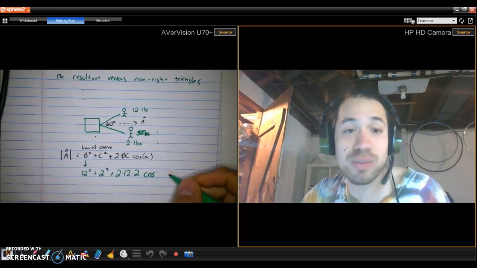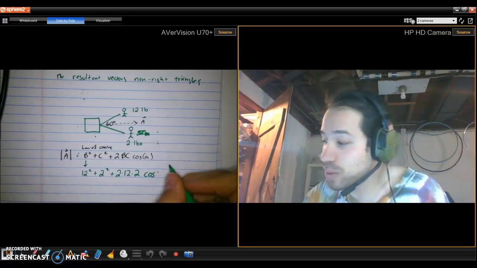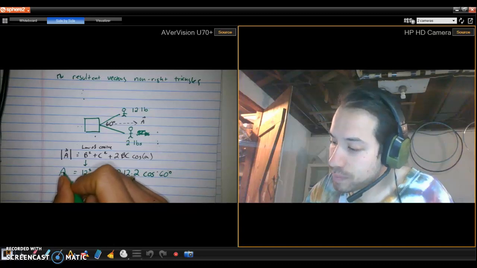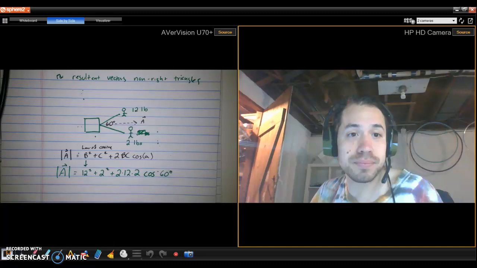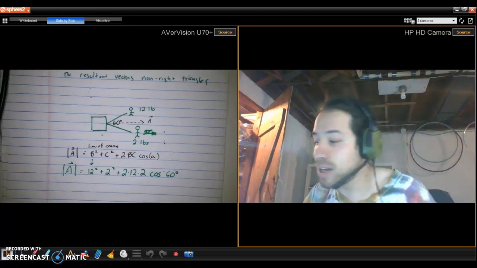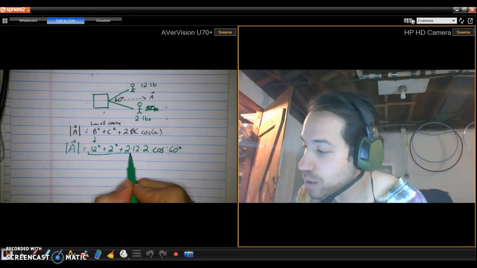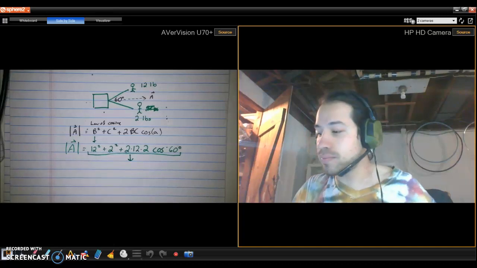And you guys want to guess what the angle is going to be here? Well, the angle between them. This is the magnitude of A. So the nice thing is, remember, when we're solving for lengths in the law of cosines, we can plug all of this directly into our calculator.